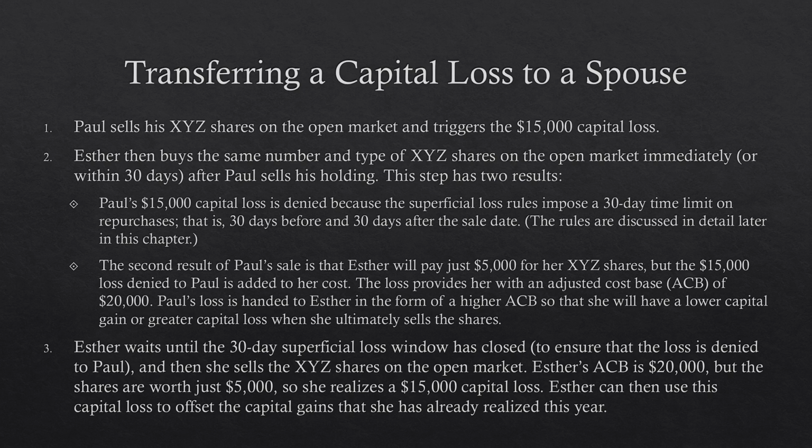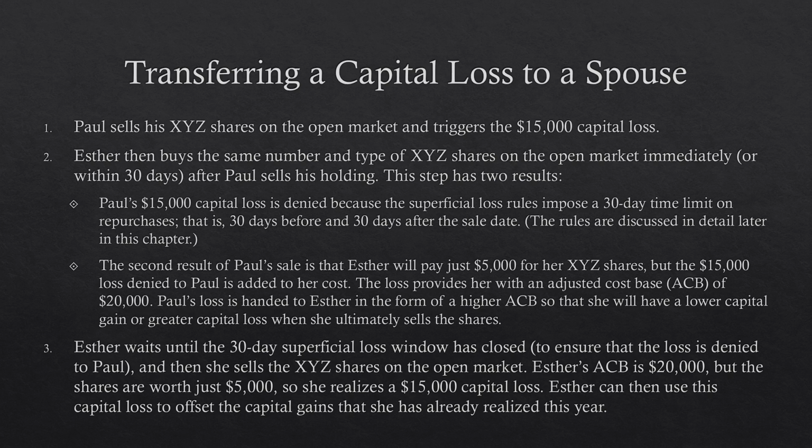So Paul's $15,000 capital loss is denied because the superficial loss rule imposes a 30-day time limit on repurchases. And the second result of Paul's sale is that the wife will pay just $5,000 for her shares, but the $15,000 loss is denied to Paul, and it is added to her cost. So the loss provides her with an adjusted cost base of $20,000.